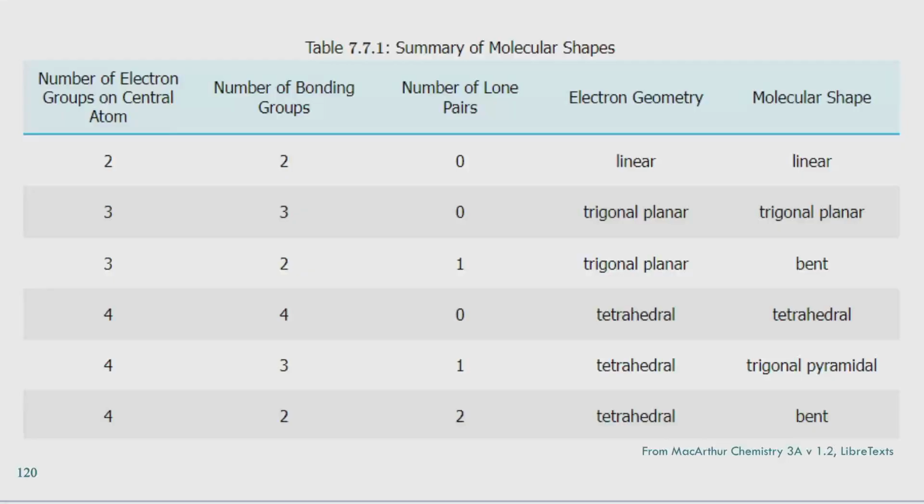So like the previous slide, if we have 3 electron groups on our central atom, and 2 of these are bonding groups, and 1 is a lone pair, our electron geometry, the shape of all of the electron groups, is going to be trigonal planar. It'll be the YMCA, or it'll be with our legs spread apart and looking like we're about to dive into a pool. Hands together at the top, like we just high-fived ourselves maybe. But the molecular shape would be bent. We get rid of one of those groups.